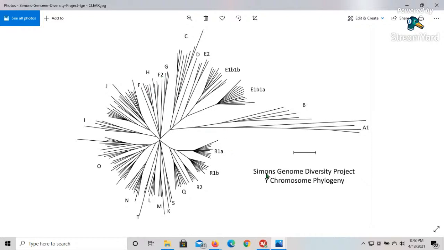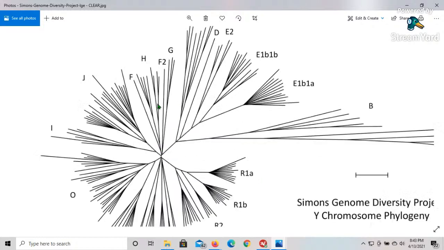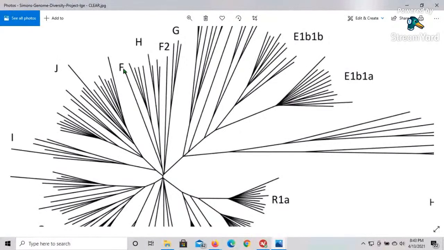I had trouble in the Semitic. I had trouble finding Lud, but it turns out we got a separation here between F and F2. They're two totally different lines, the F and the F2.